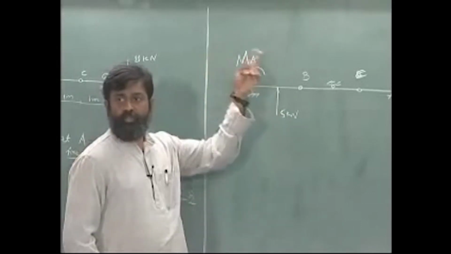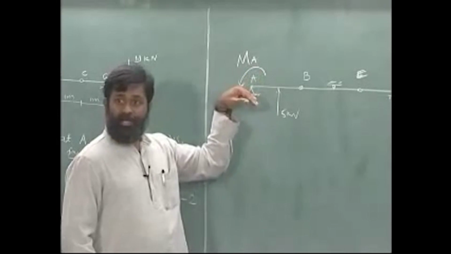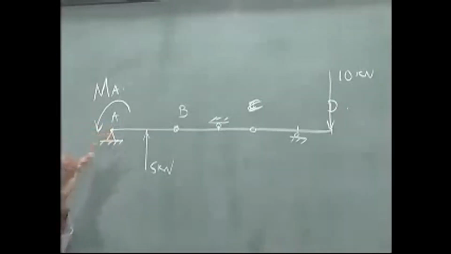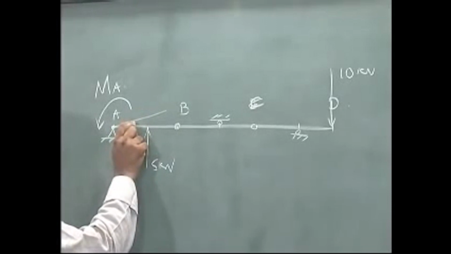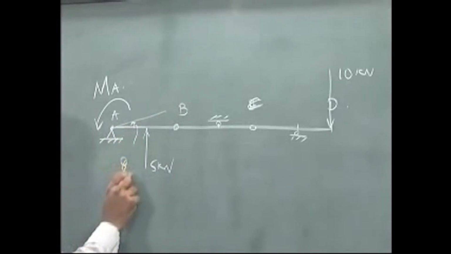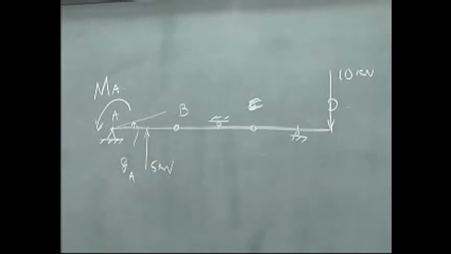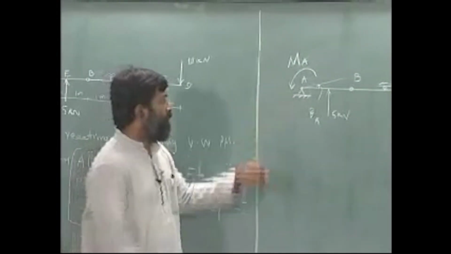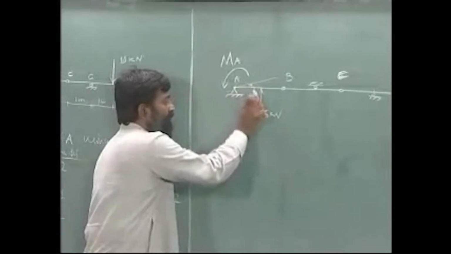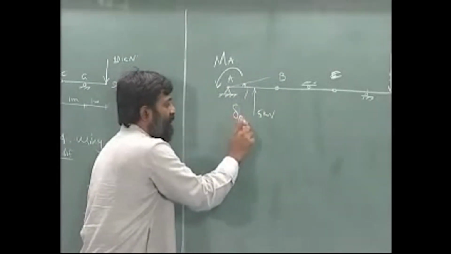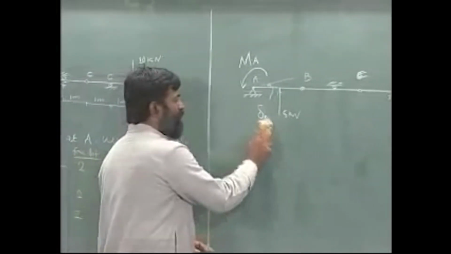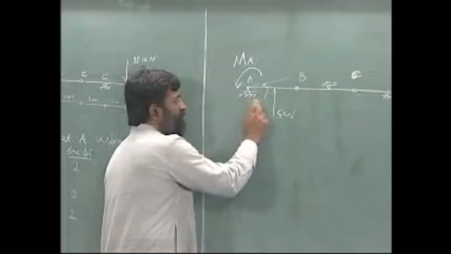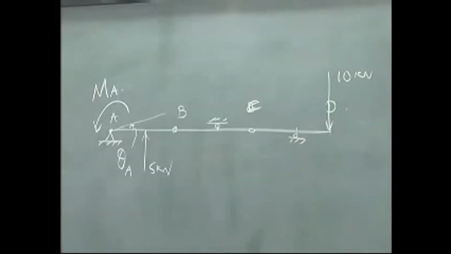For the virtual work principle, MA into the rotation that has taken place at this particular point is the virtual work. Okay. So, let us say I provide a rotation here equal to theta A. So that the virtual work, let me call it delta theta A. For now, let us just assume that the virtual rotation itself is theta A, just to avoid too many symbols.